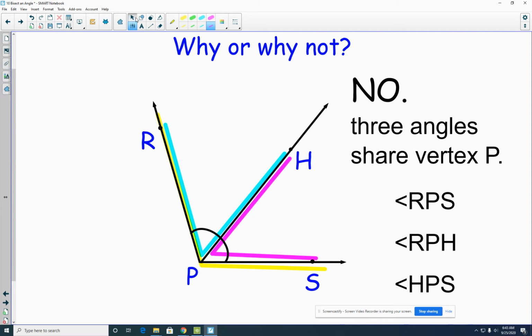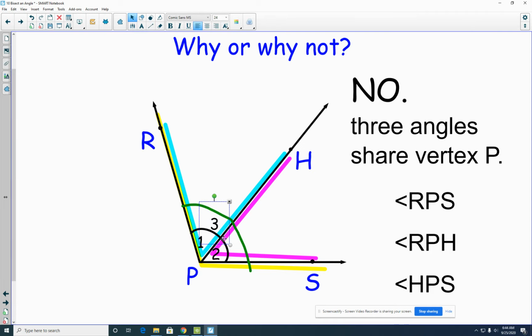So perfect example as to why you can't name this angle P. What I could do in a case like this, since there are so many angles, is put in this little angle here a little 1, this little angle here a little 2, and I'm even allowed to create a bigger arc like this and call that angle 3.